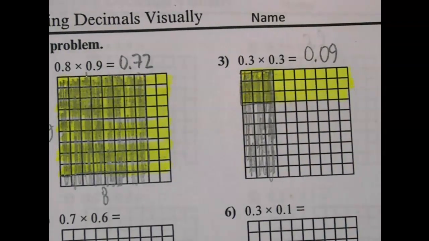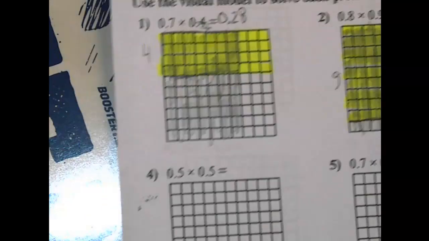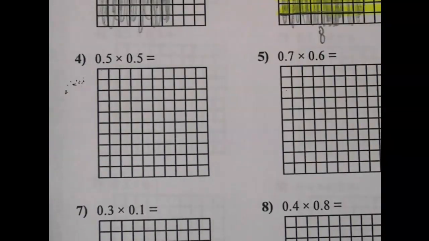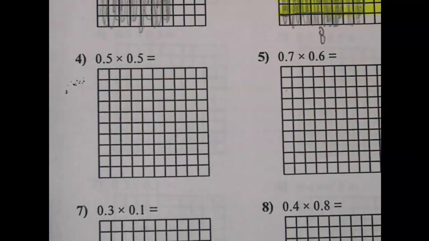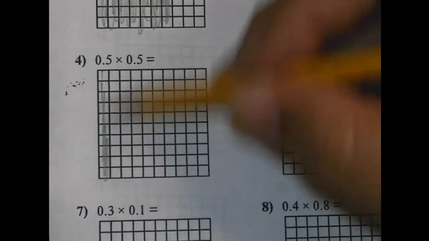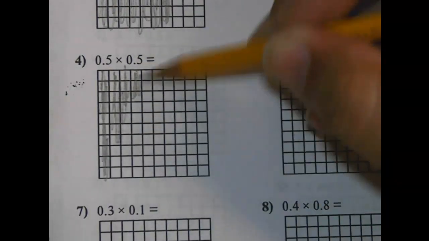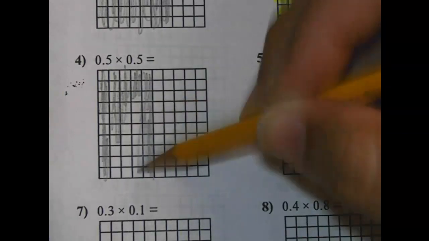Let's do one more, and then I think that hopefully by then you should be able to get it. If not, ask me in class and we can go over it a little more. But our last one for this video, 5/10 times 5/10. So here's 1/10, 2/10, 3/10, 4/10, 5/10.